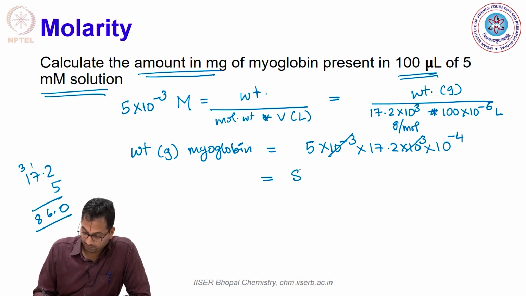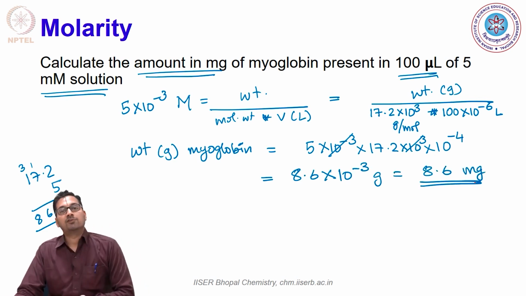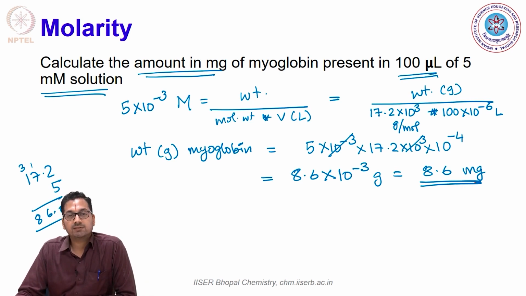So basically it's going to be 8.6 into 10 to the power of minus 3 grams, which is 8.6 milligrams. So basically if you dissolve 8.6 milligrams of myoglobin in 100 microliters solution, you're going to finally end up with a 5 millimolar concentration of myoglobin.